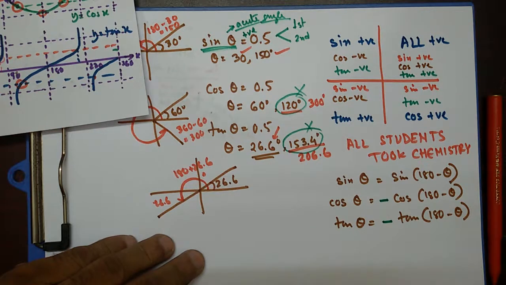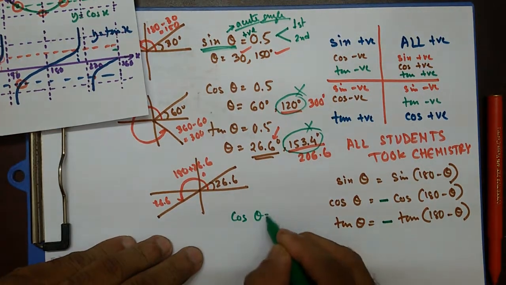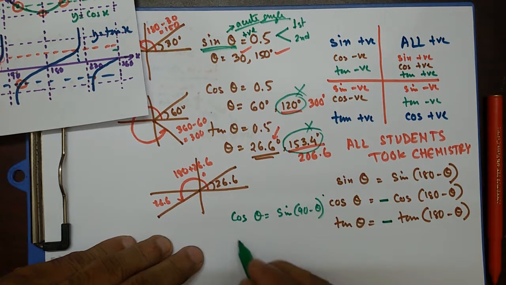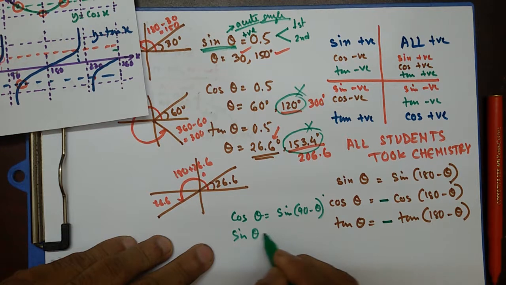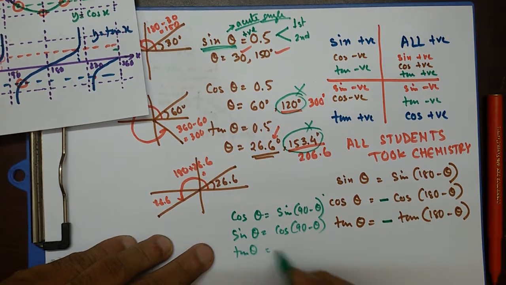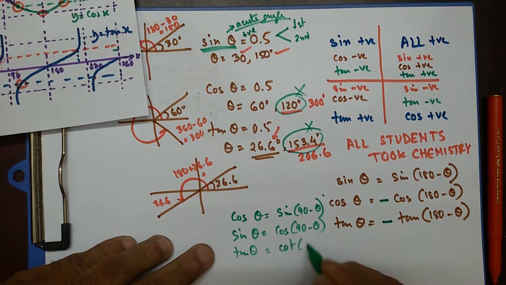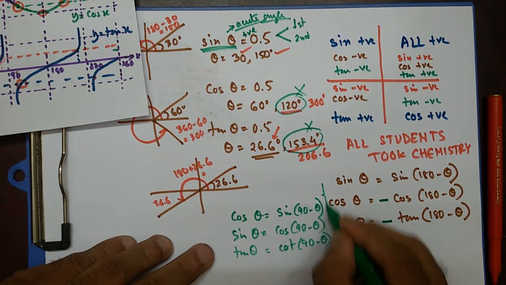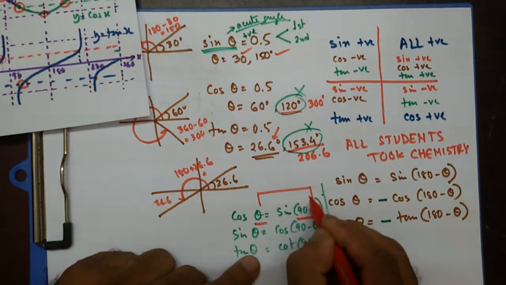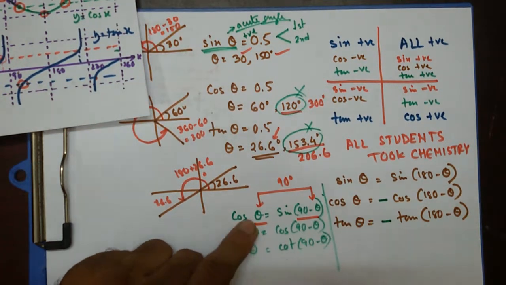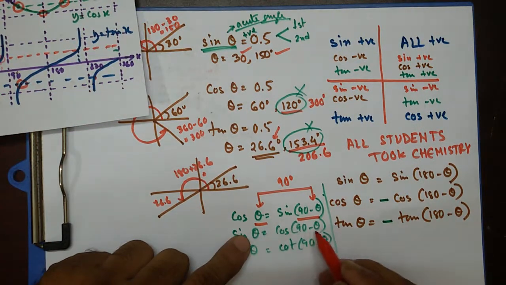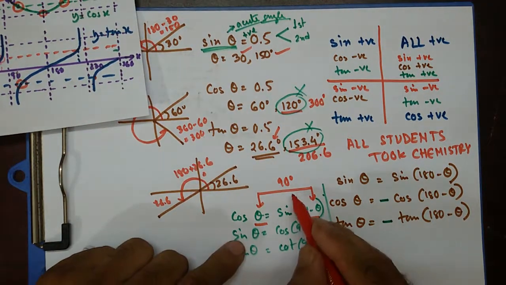Remember, in my first video I said cos theta equals sine of 90 minus theta, sine theta equals cos of 90 minus theta, and tan theta equals cot of 90 minus theta. I call this the magic of complementary angles, because whenever you add these two angles, it always becomes 90 degrees. Theta plus 90 minus theta, theta crosses out, so it's 90. And theta and 90 minus theta over here are also complementary.